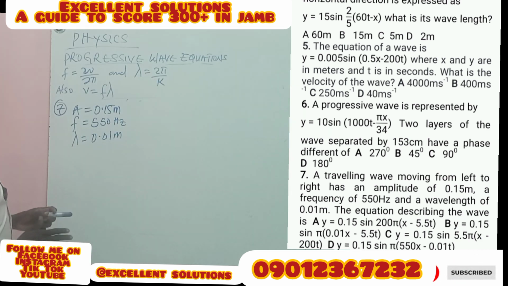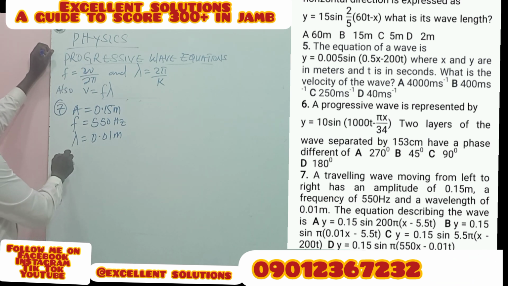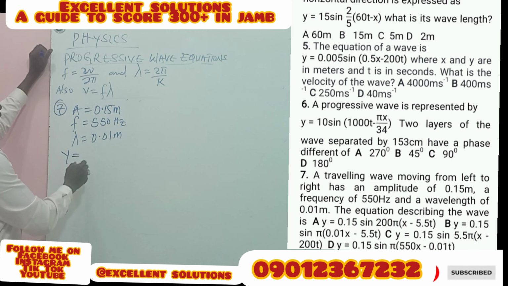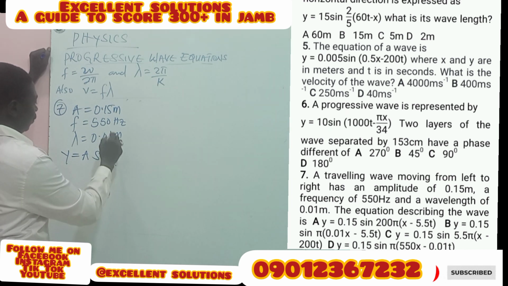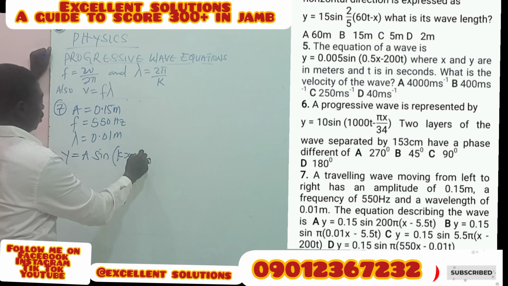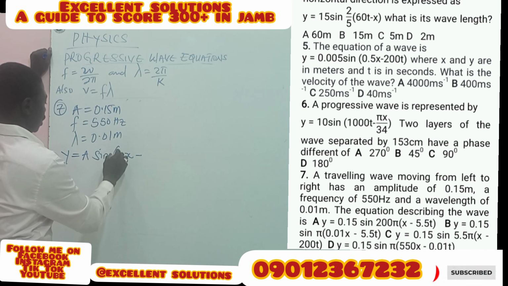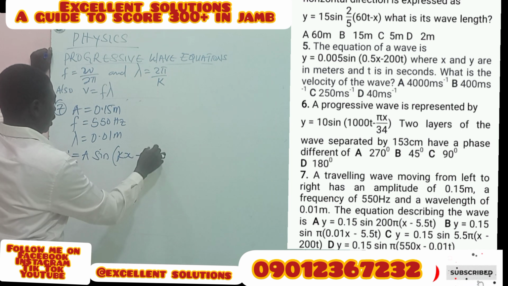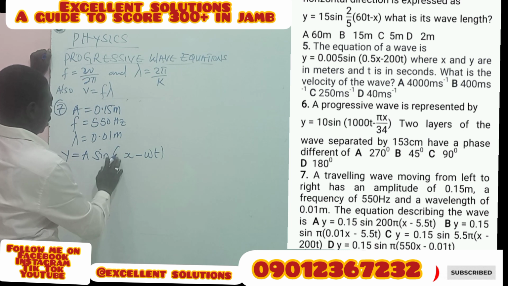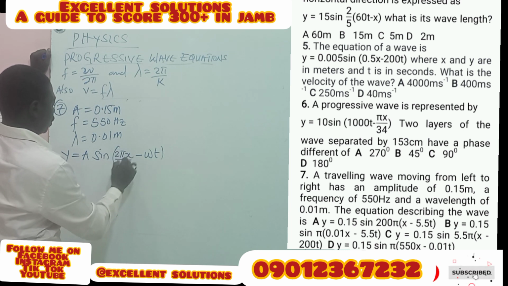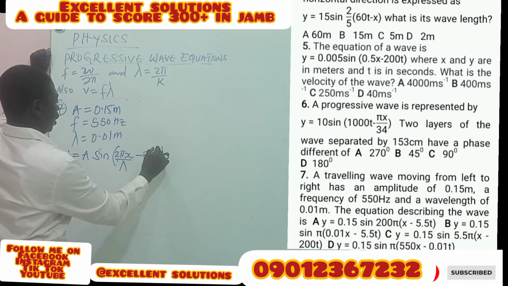So what we need to do here is start comparing the equation. Y equals A sine kx minus omega t, or we can just put it as A sine 2 pi x upon lambda minus 2 pi ft.